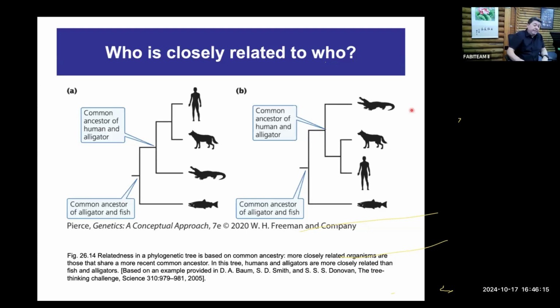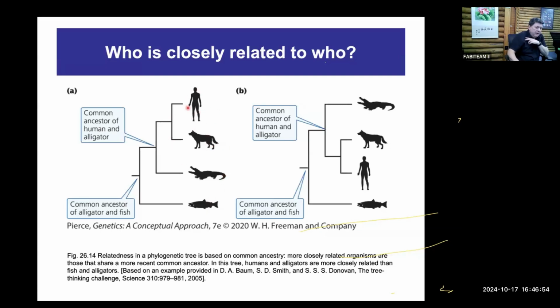Okay, another thing that people sometimes misinterpret is when you look at the relationships. In this phylogeny that includes human, wolf, alligators, and fish, just because this wolf is here at the bottom doesn't mean it is more closely related to alligators than it is to humans, or that alligators are more closely related to wolves than they are to fish.